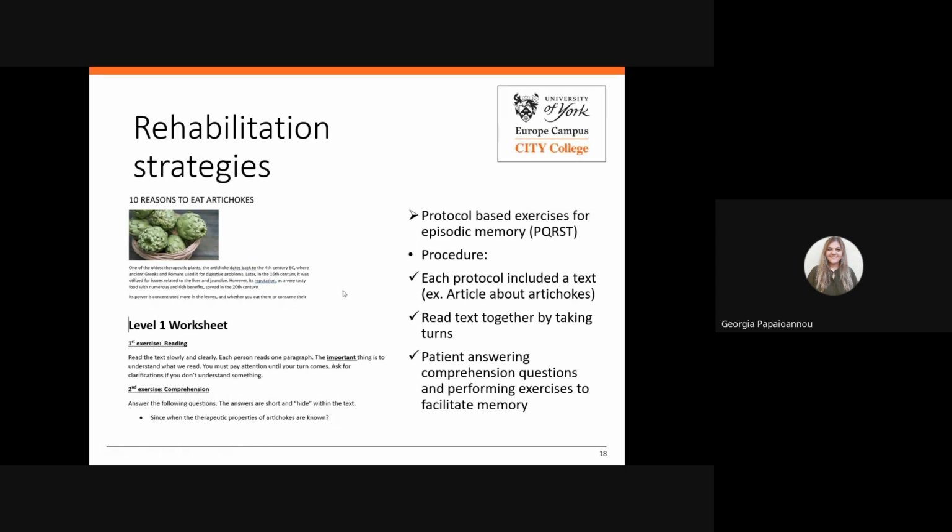We read it together by taking turns, and then the patient needs to answer some comprehension questions and perform exercises to facilitate their memory throughout the worksheet that they are given. This helps a lot in episodic memory because it helps us preview some information, question which of these are important, read the whole text, and then proceed with retaining, testing themselves whether they have gathered all the important stuff from the new information they were introduced to.